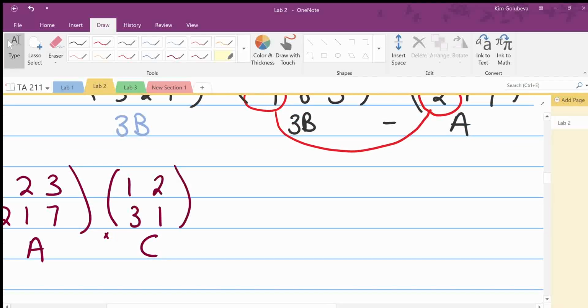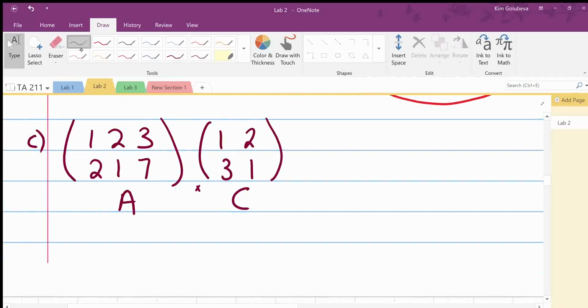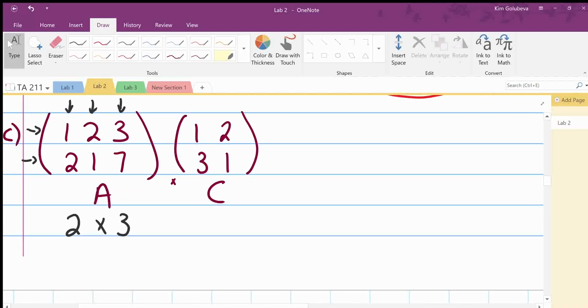Okay. So first thing we do is check the dimensions once again. So this one is a 2 by 3 matrix, right? 1, 2, and 1, 2, 3. And this one here is a 2 by 2 matrix. Okay.